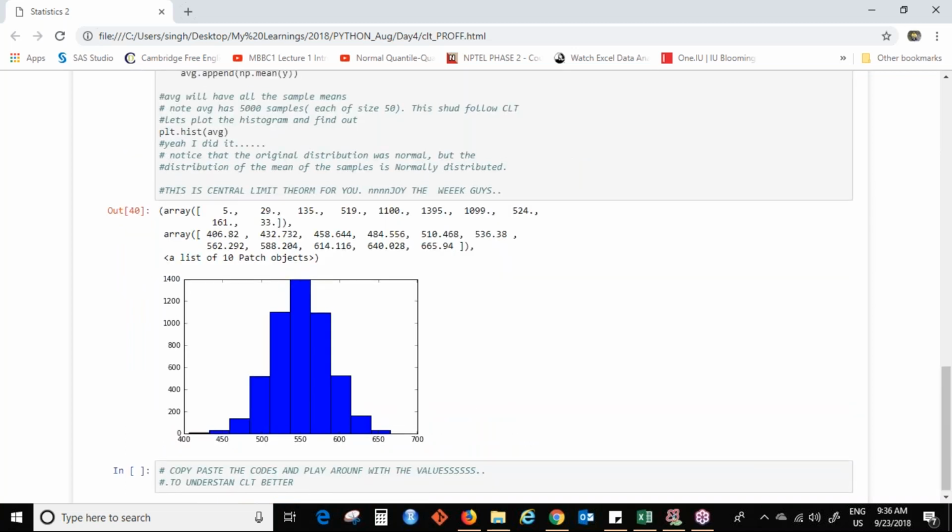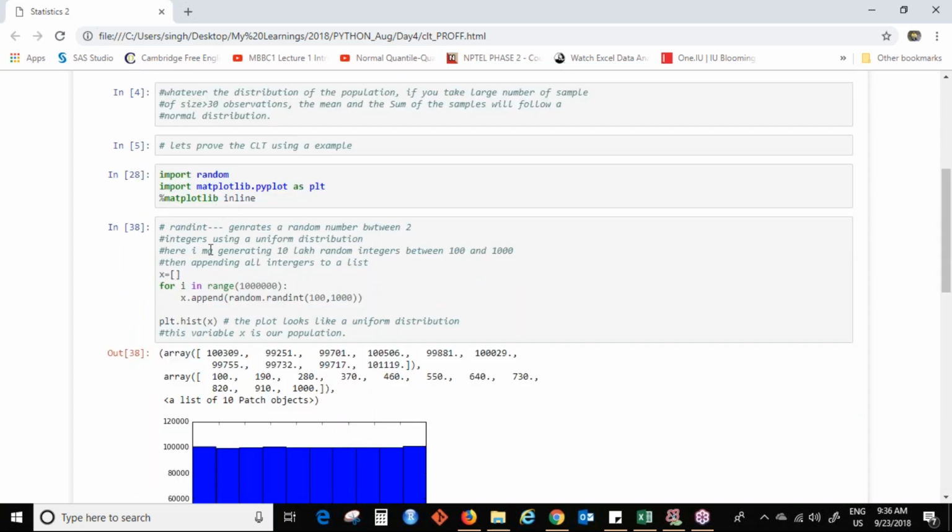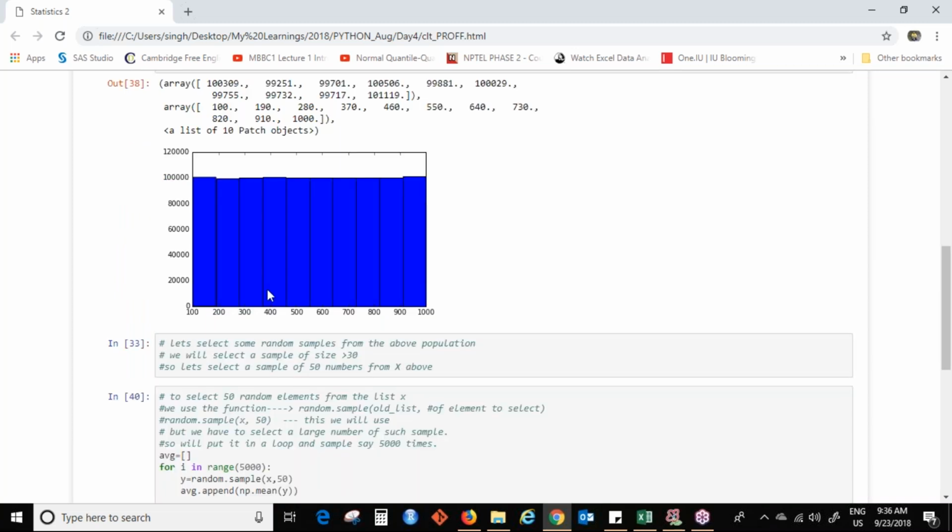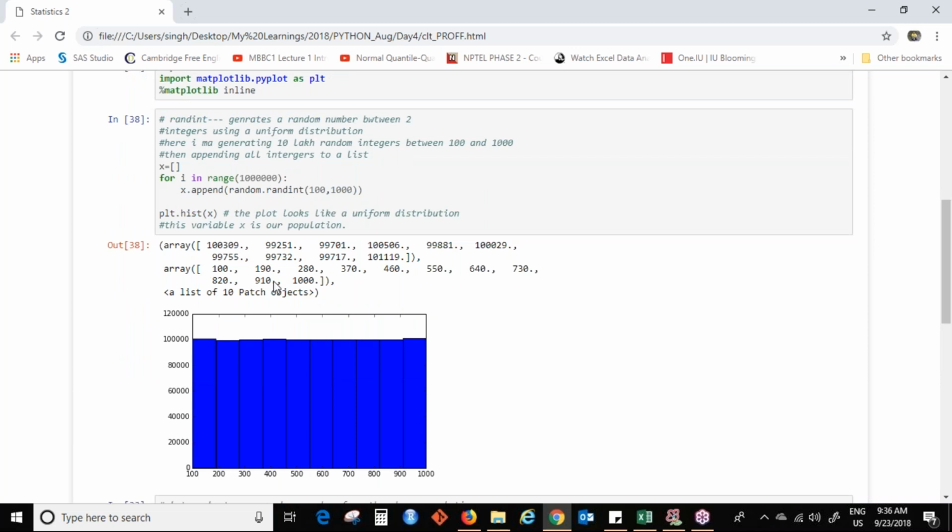I will share these codes. Just go through them and make sure you understand each and every line, and you can keep changing them. For example, here I have shown this with respect to a uniform distribution.